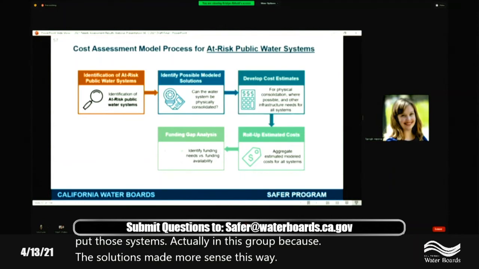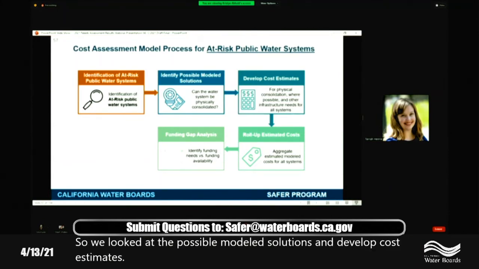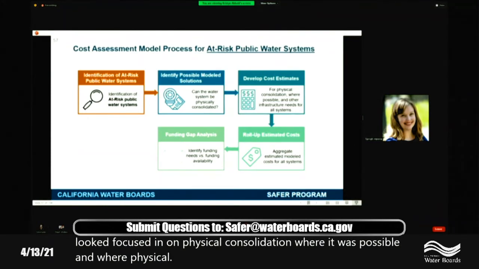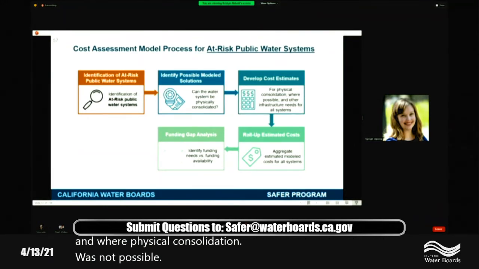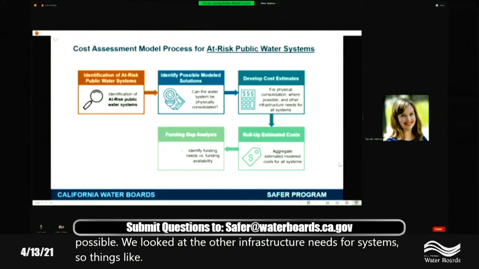So we looked at the possible modeled solutions and developed cost estimates there, and then rolled up the cost estimates. We focused in on physical consolidation where it was possible, and where physical consolidation was not possible, and also where it was possible, we looked at the other infrastructure needs for systems. So things like tanks, pipelines, and this was also done for the human right to water systems.